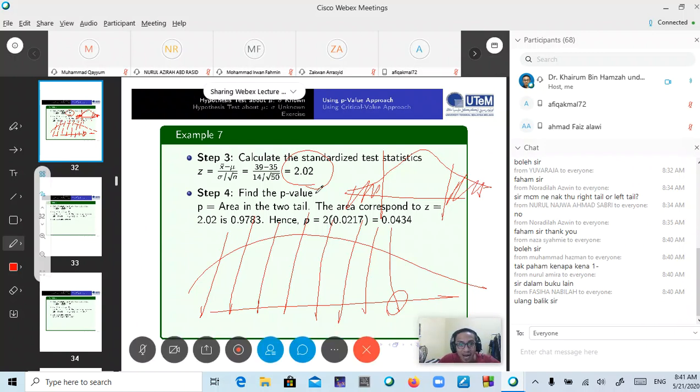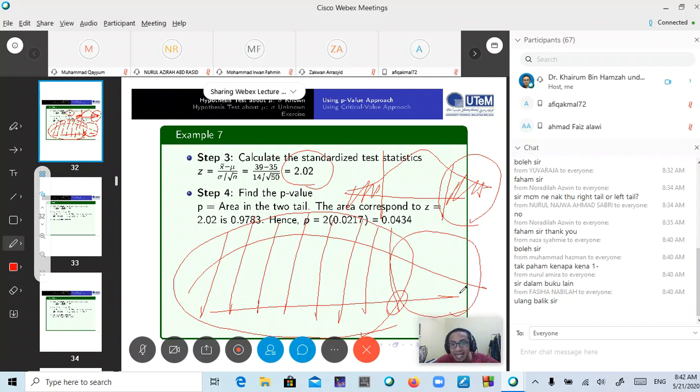Bila awak buat 1 minus yang 0.9783 ni, awak akan dapat baru sebelah. Sebab 0.9783 ni semua value kat sini ni. So, bila awak buat 1 minus, awak akan dapat yang value sini sahaja.